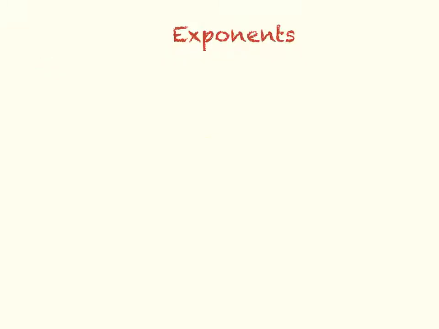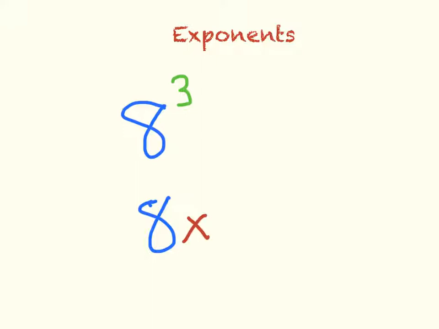Next we work on our exponents. Our exponents are represented by a base number, and the exponent is the little number on the top. This little number on top tells us that we take our base number, which is 8, and we're multiplying our 8 by itself 3 times.